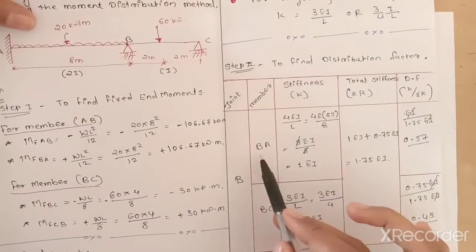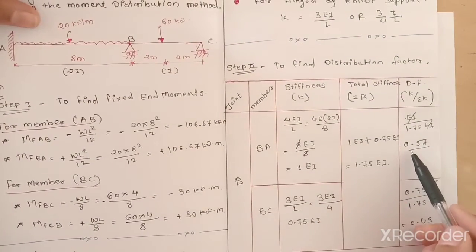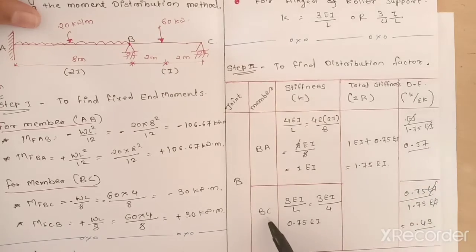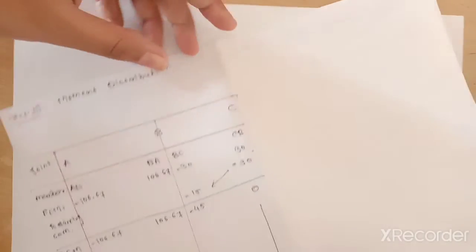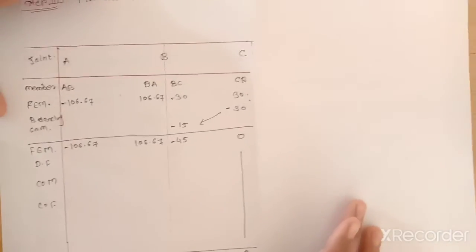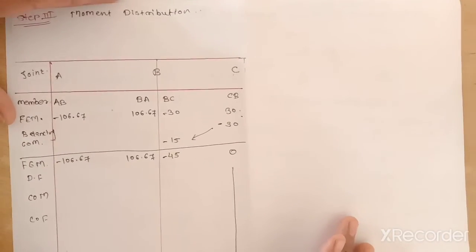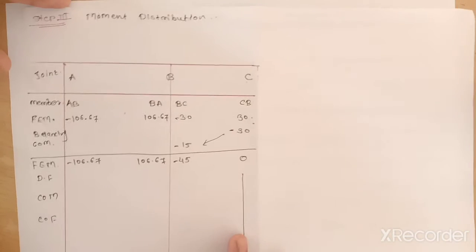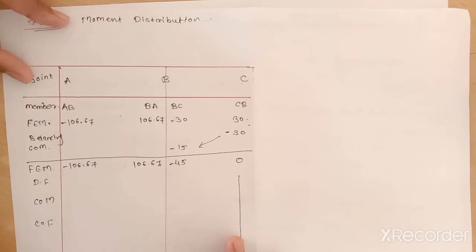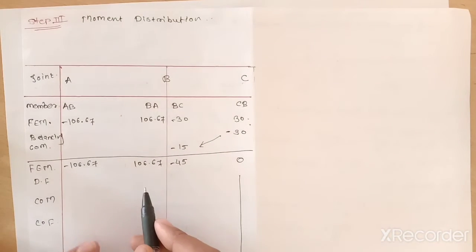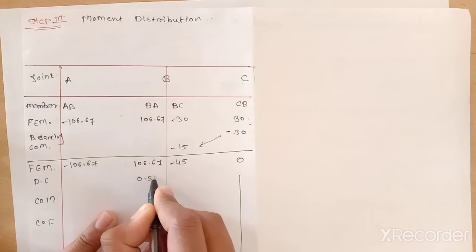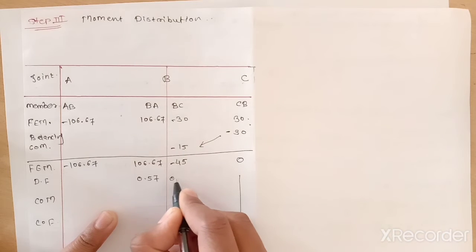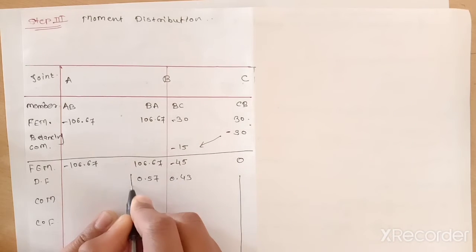Here BA distribution factor is 0.57 and for member BC 0.43. So here distribution factor for member BA is nothing but 0.57 and here 0.43.